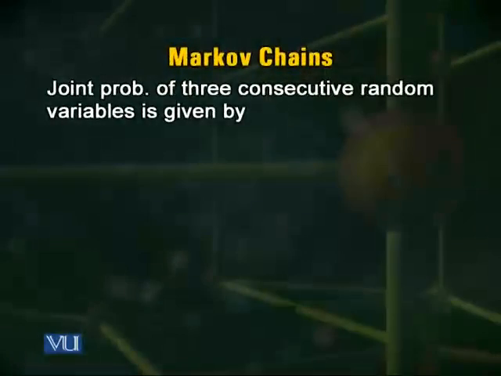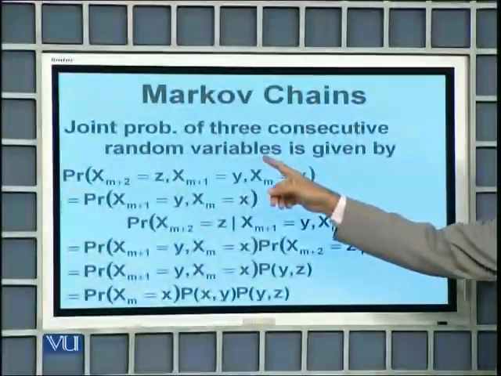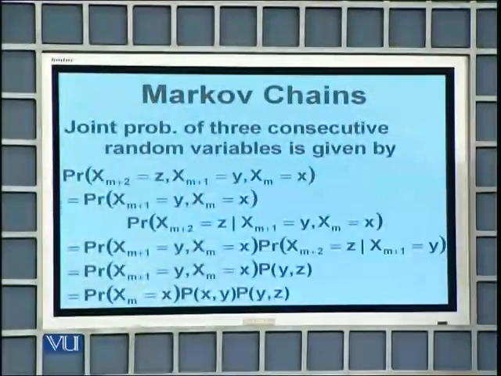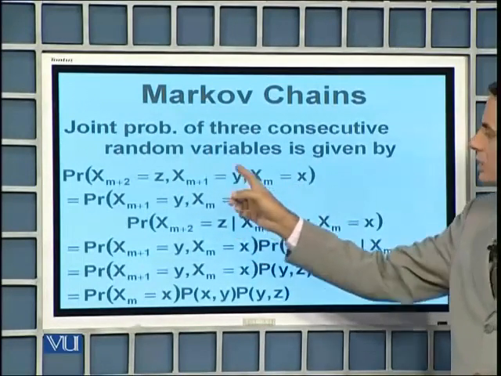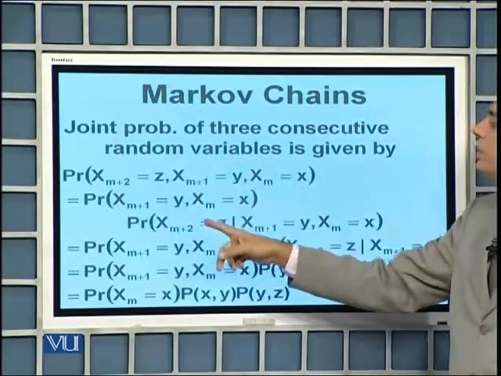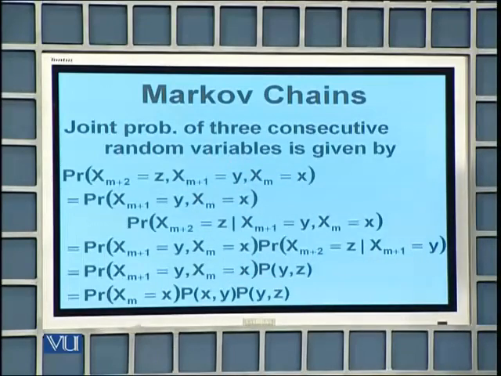The next logical thing would be to talk about the joint probability of three consecutive random variables. So here we are dealing with random variables xm, xm plus 1 and xm plus 2. They take on values of x, y and z. When we are trying to find the joint probability of these three neighboring random variables, we can manipulate this expression so that we transform this joint probability into conditional probabilities and unconditional probabilities.